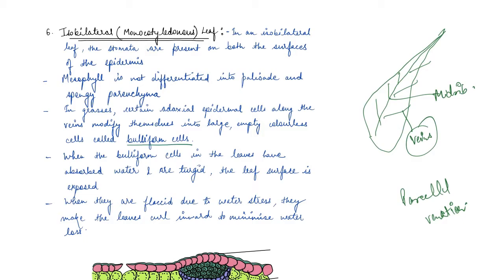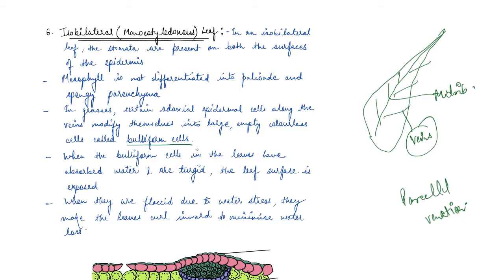Again, as we saw in the case of dicot leaf, the size of the vascular bundles usually depends on the size of the vein. In the same way here as well, it is basically similar to the size of the vein.